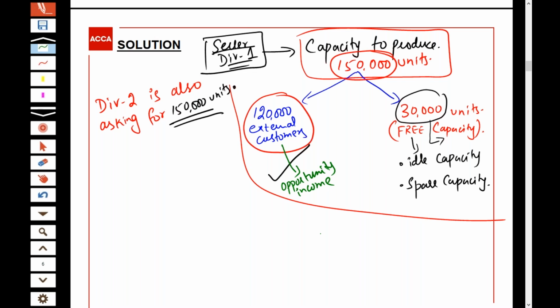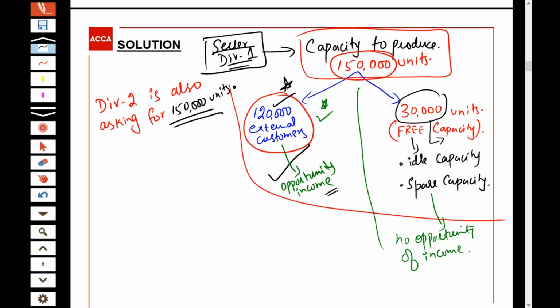And here there is no opportunity of income, because my maximum external sale is 120,000. If I transfer 150,000 units to you, I will be losing 120,000 units, my opportunity income.